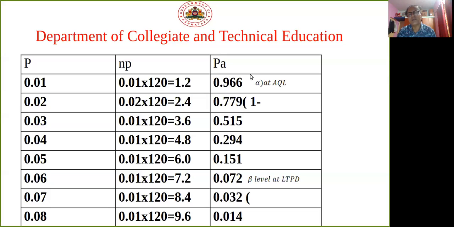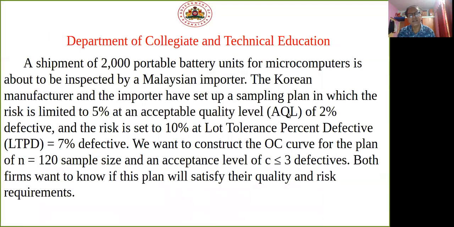Here you can see 1 minus alpha is the AQL. AQL is 1%. In the problem, AQL, the acceptable quality level, is the risk of 1%, and the LTPD is 7% here.